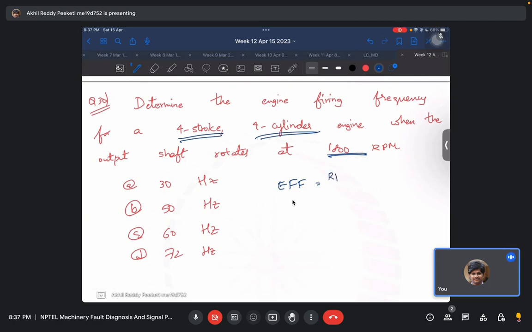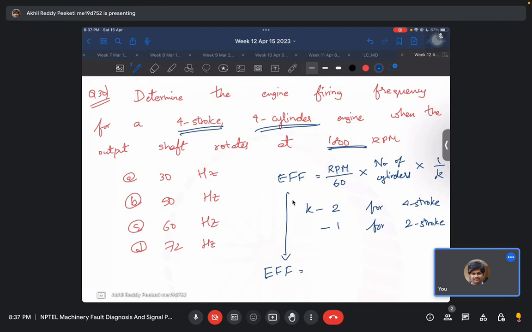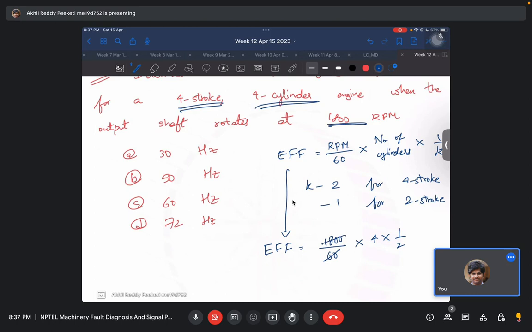So engine firing frequency is RPM by 60 into number of cylinders into 1 by K, and K is 2 for 4-stroke, 1 for 2-stroke. So RPM is 1800 by 60 into number of cylinders 4 and 4-stroke, so 1 by 2.